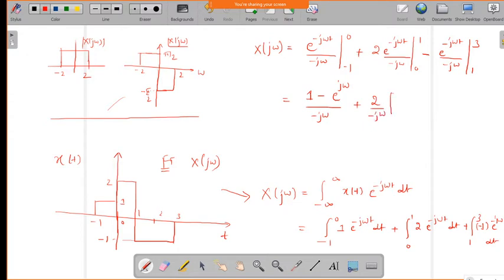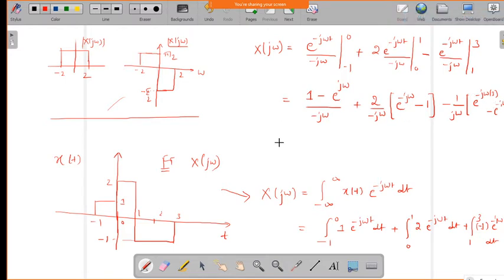If you put t equal to 1 it becomes e power minus j omega, minus, and if you put 0 it becomes minus 1 minus 1 over j omega into e power minus j omega into 3 minus e power minus j omega into 1. So these will be the values.